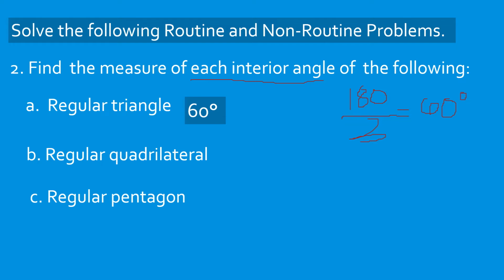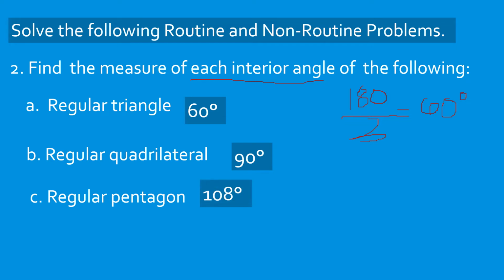So what is the sum of the interior angles of quadrilateral? That's 360. So 360 divided by 4, that is 90 degrees. Now, for regular pentagon, what is the sum of the interior angles of pentagon? That is 540. And divided by 5, that is equal to 108 degrees.